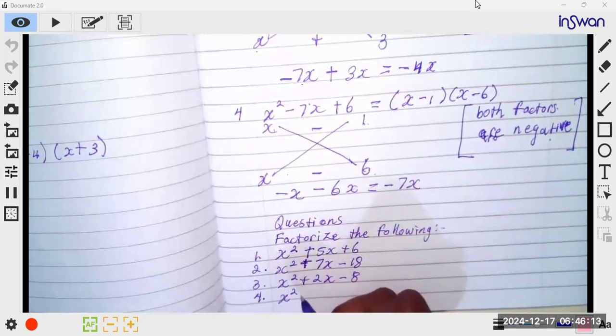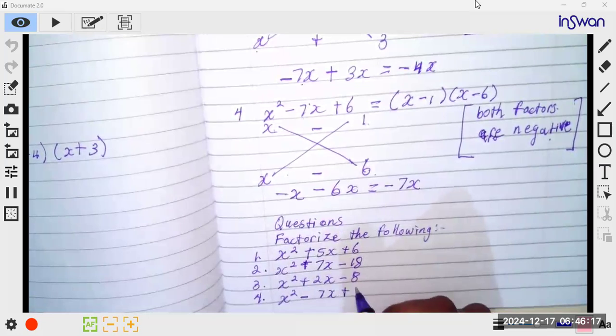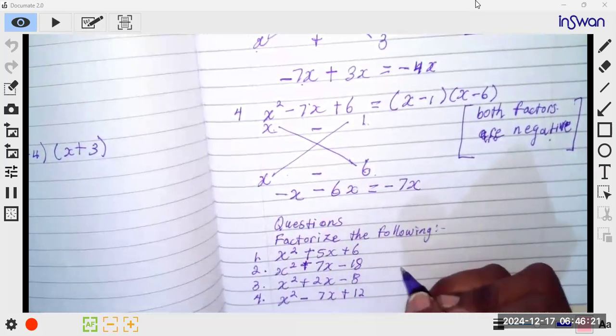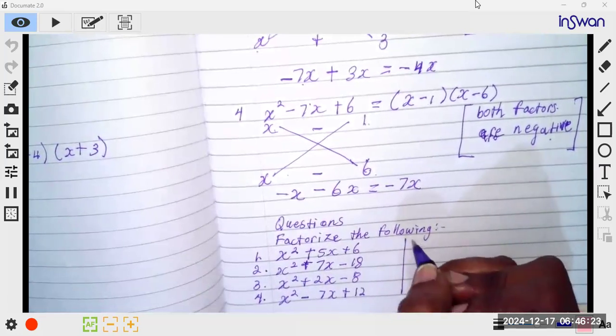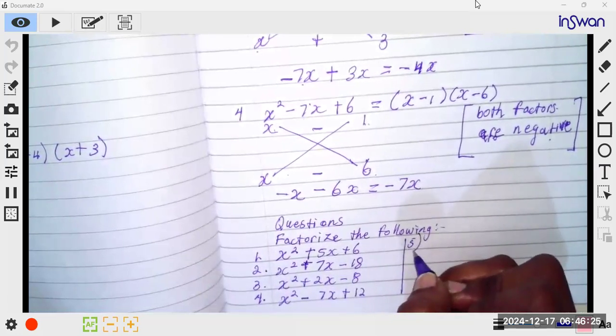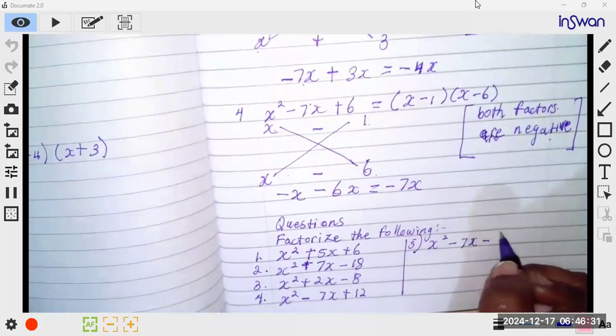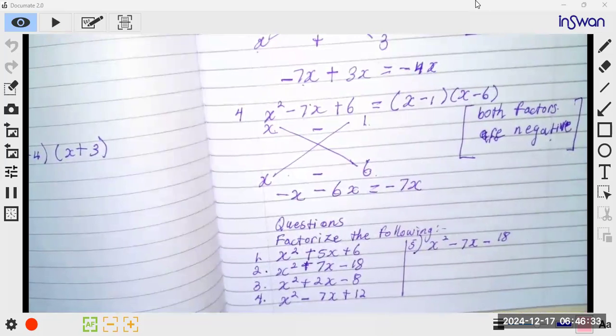X squared minus 7x plus 12. Oh, well, I'll make it 5: x squared minus 7x minus 18, right?